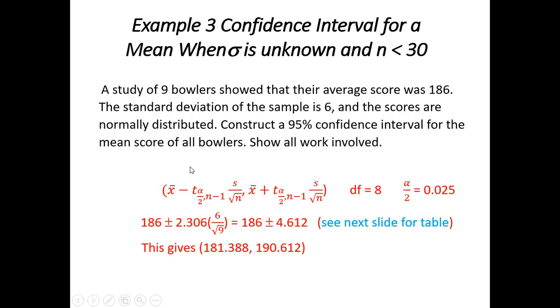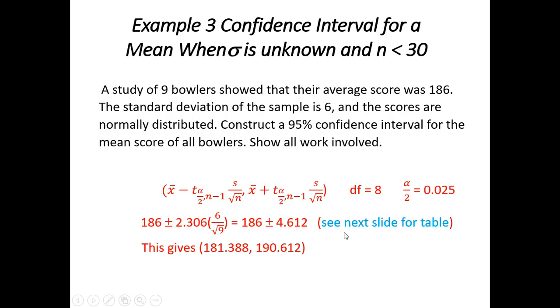When we substitute in our x bar, 186 comes from here. S is given as 6. Sample size is 9. Okay, we just have to look up this value over here. So this is my t alpha over 2 value for 95% confidence.